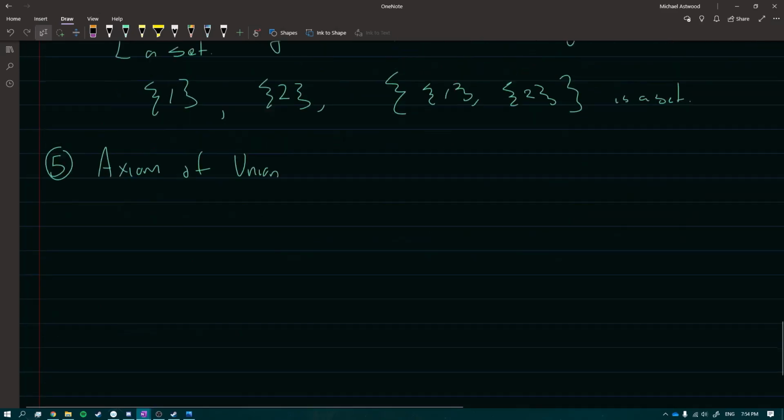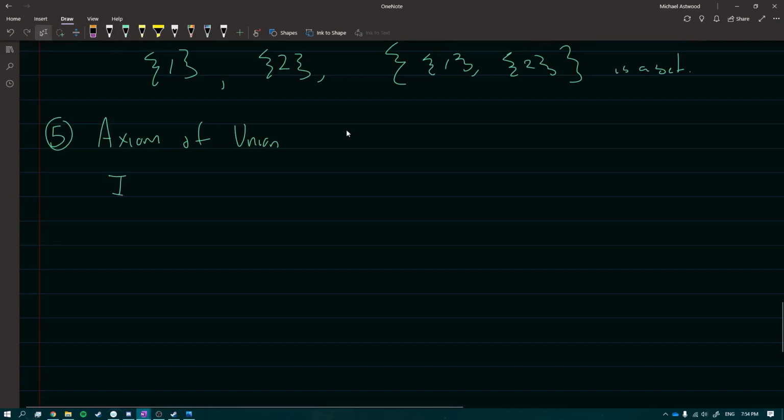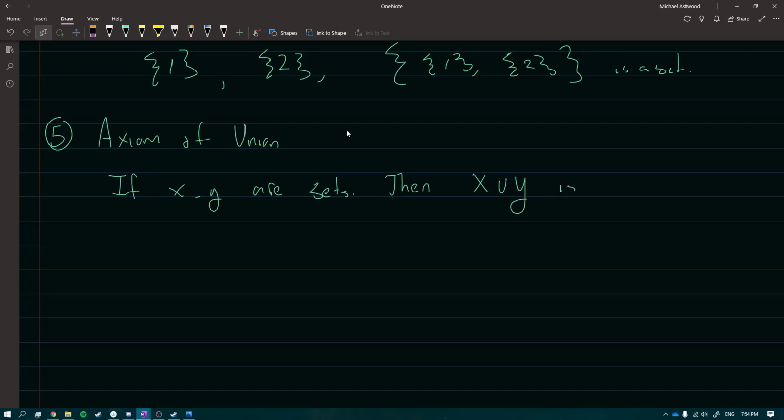This just says that if x and y are sets, then x union y is a set, where x union y is the set of all elements p such that p is in x or p is in y. Great. That one you know all about already.